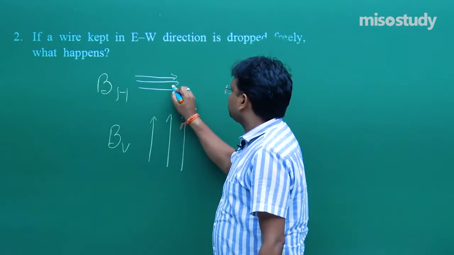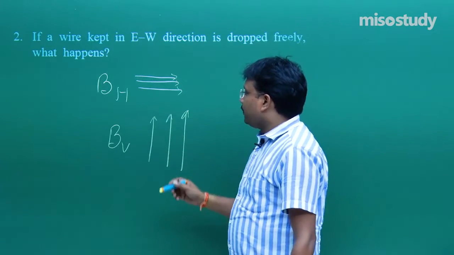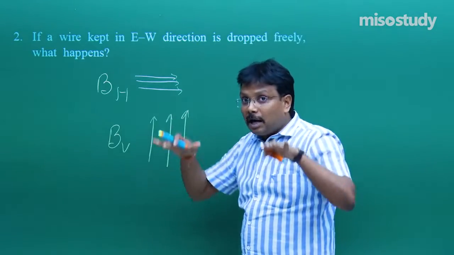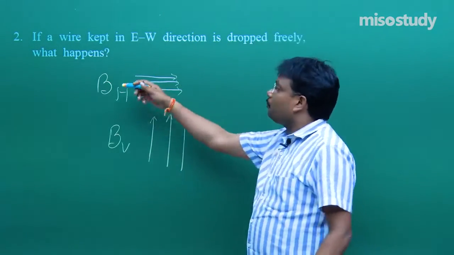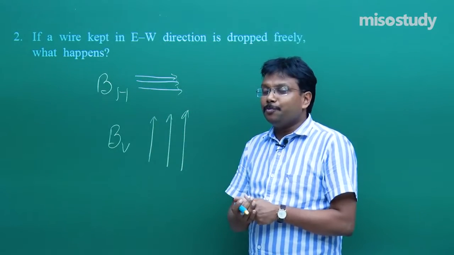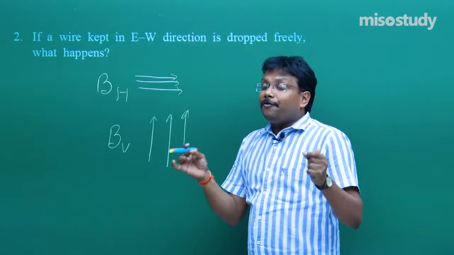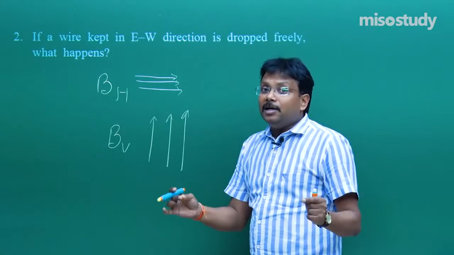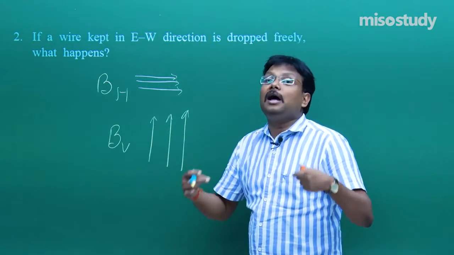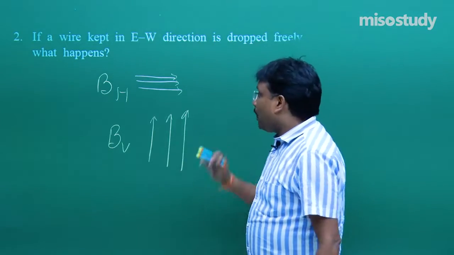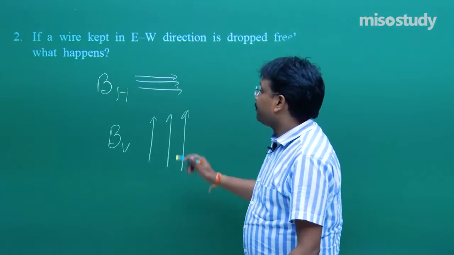Fine. Now when the wire will start falling in east-west direction, their question is what will happen? So the answer should be, at the ends of the wire an induced EMF will appear or potential difference will develop.